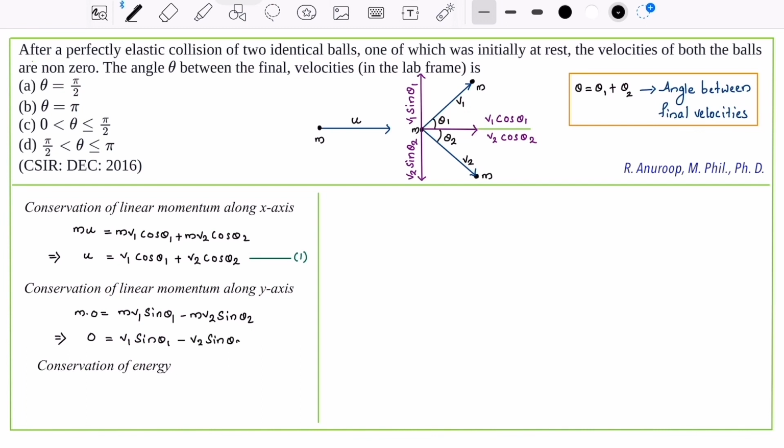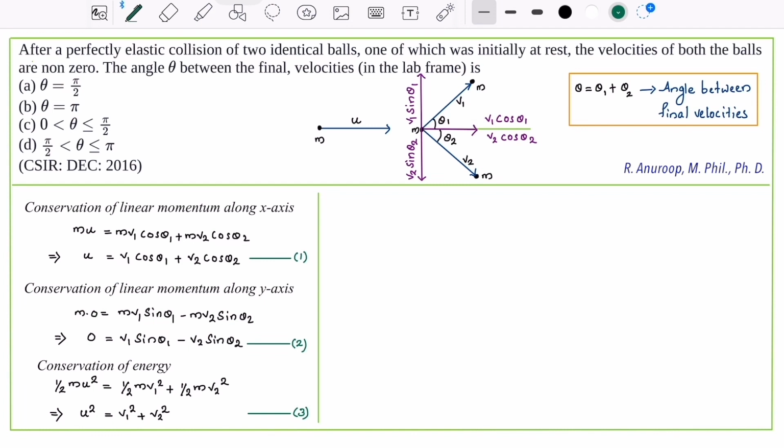Let it be our equation number 2. Since the collision is elastic, the kinetic energy before collision and after collision are equal. Therefore, half m u square is equal to half m v1 square plus half m v2 square. This implies that u square is equal to v1 square plus v2 square. Let it be equation number 3.